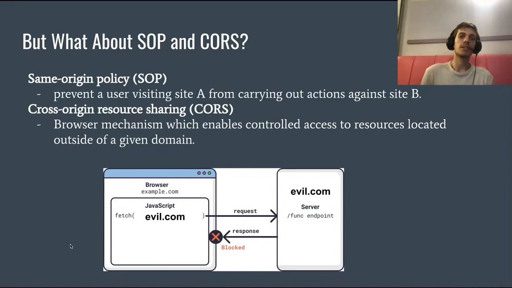So what it means is if I'm visiting example.com, and let's say it's a malicious website which has a page that fetches data from evil.com, the browser will enforce the same-origin policy, which will prevent the web page from getting data from evil.com.